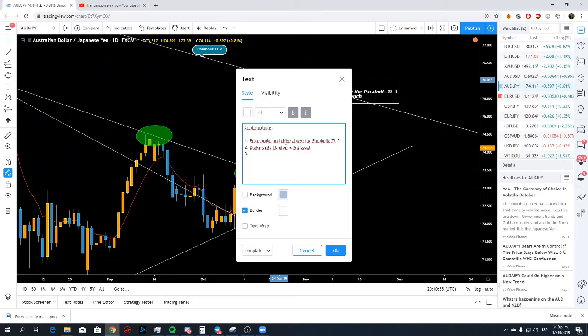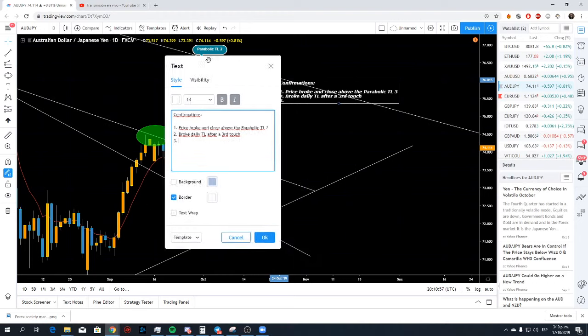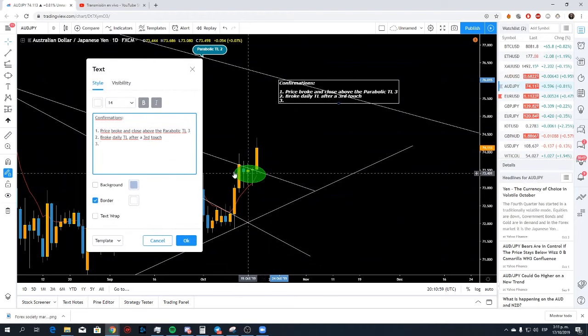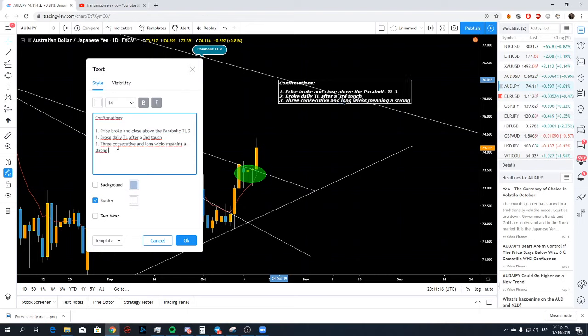Right now we got these 3 consecutive and long weeks, meaning a strong buyer's pressure.